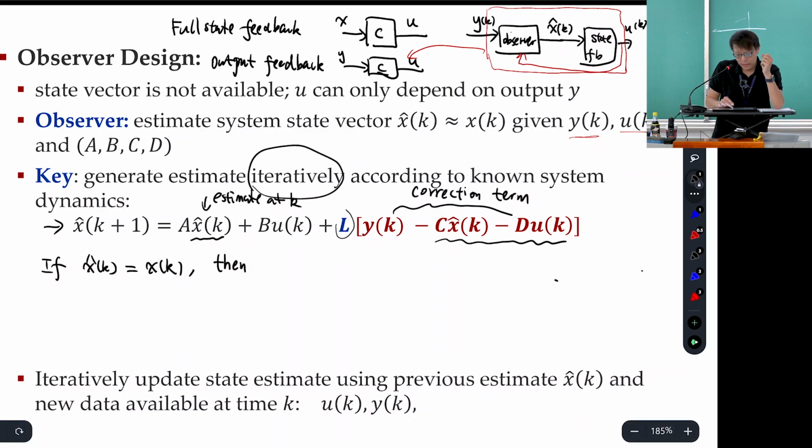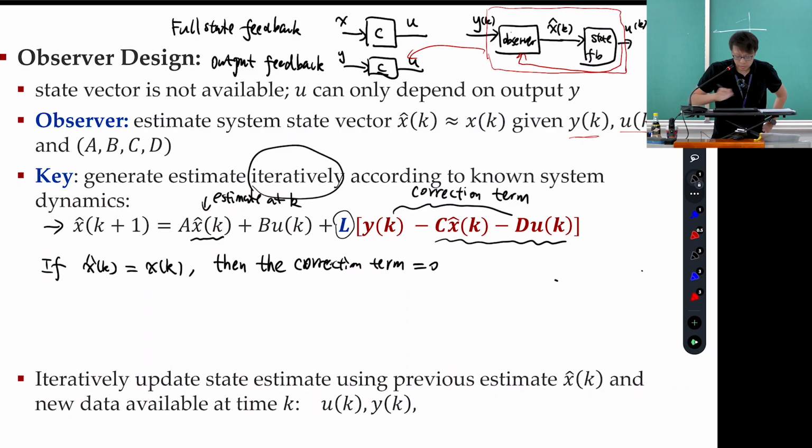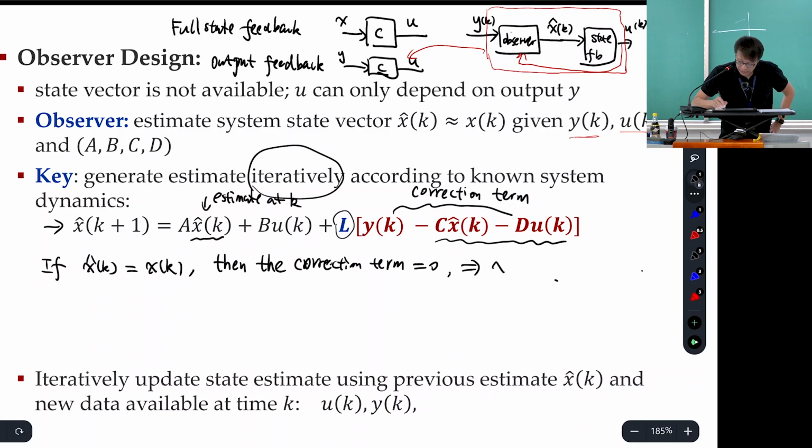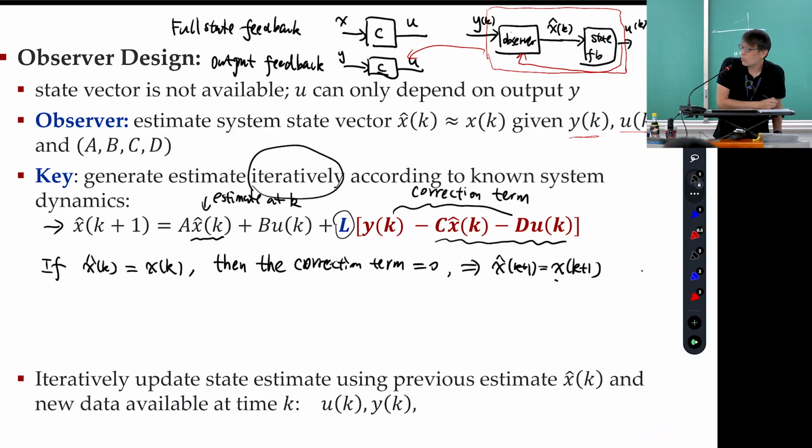Based on this error, you multiply by a gain matrix to update. If the estimate is right, the correction term is 0, because y_k is just equal to C x_k plus D u_k. So x_k plus 1 will also equal x hat k plus 1.